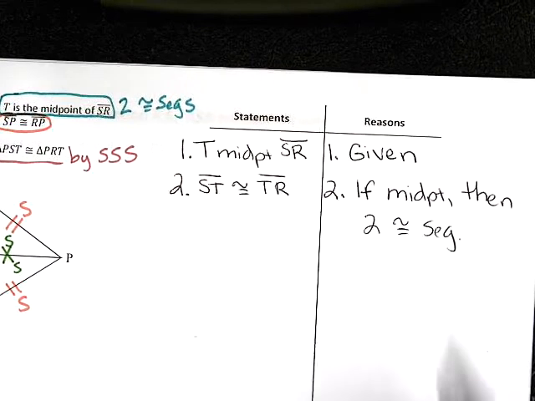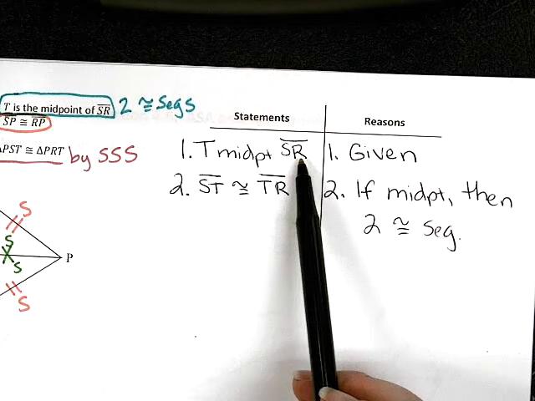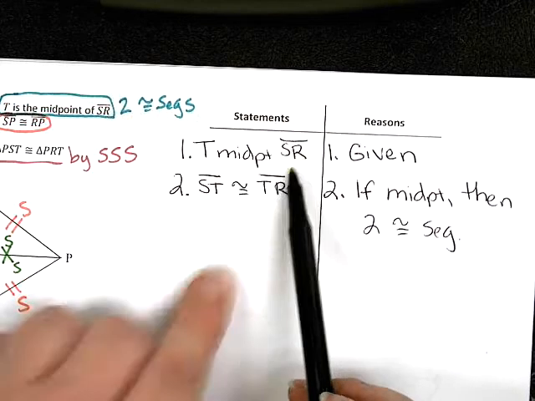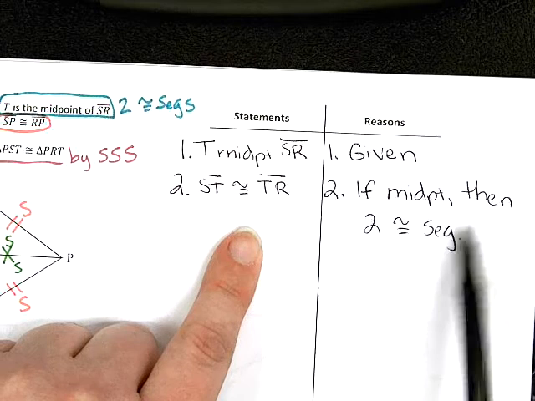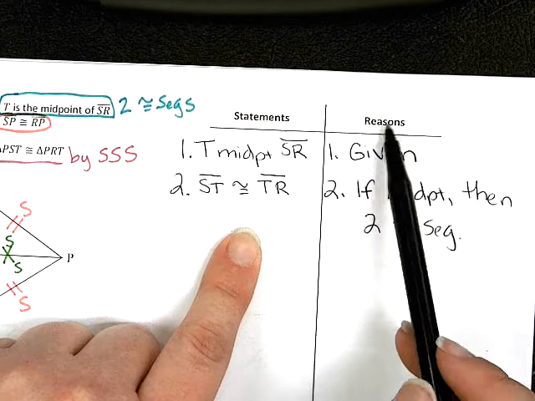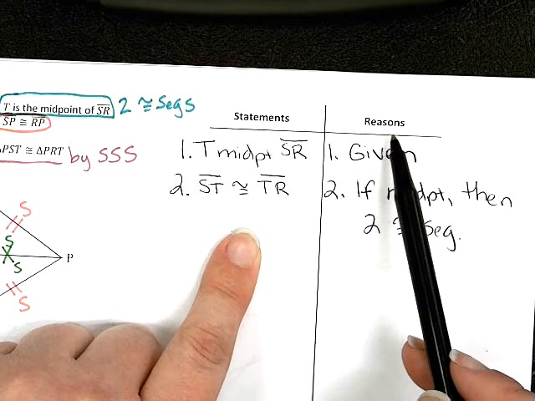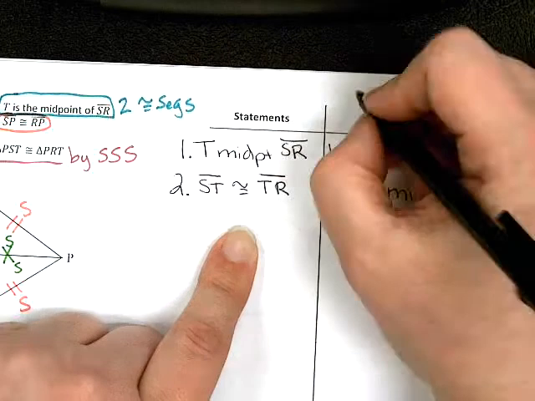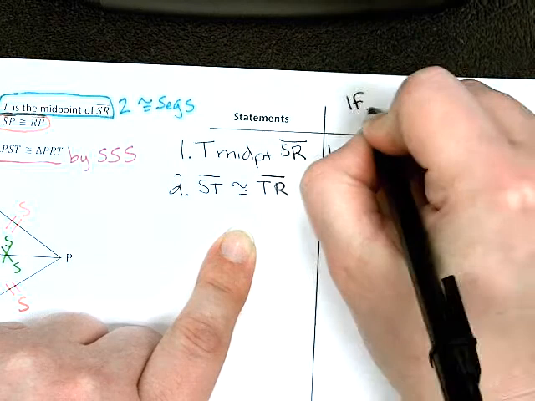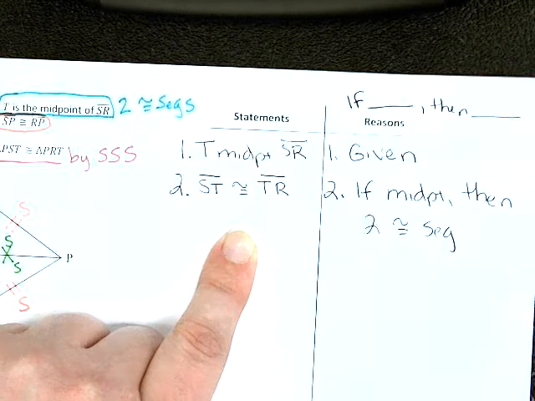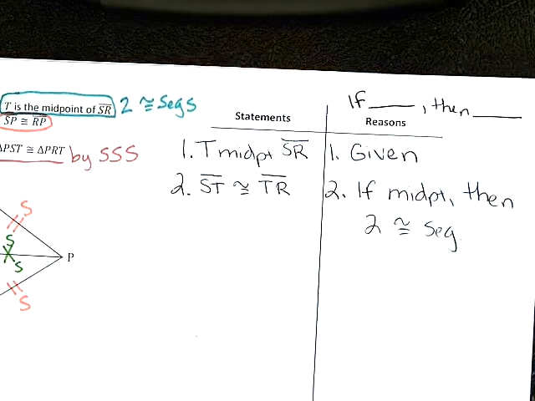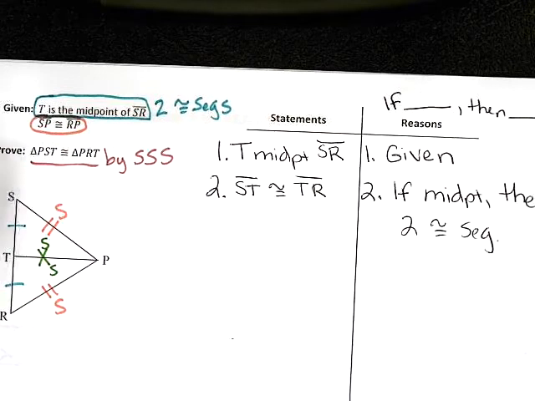So the given was that T is the midpoint of segment SR, and what did that do? That gave me that ST is congruent to TR because it's a midpoint. Remember, our reasons need to be generic. They need to be the definitions of things. They're almost always going to be if something, then something else. Okay? All right, well, that was my first given. That was the blue one, right? Cool. And I marked the diagram.